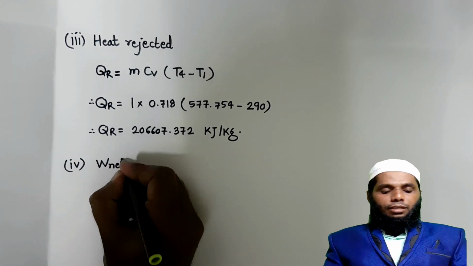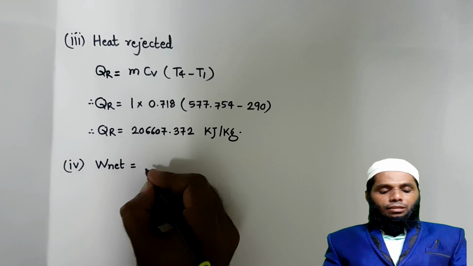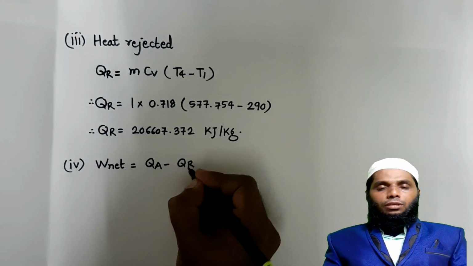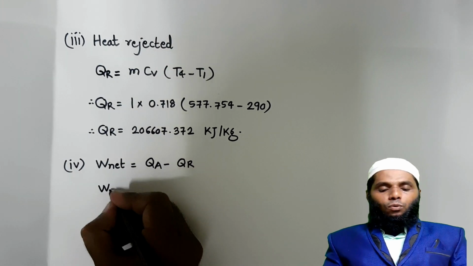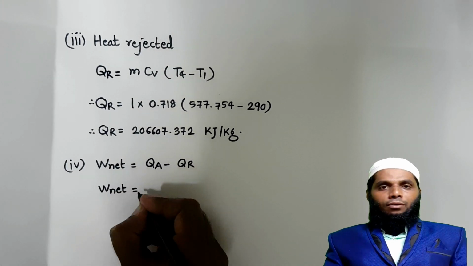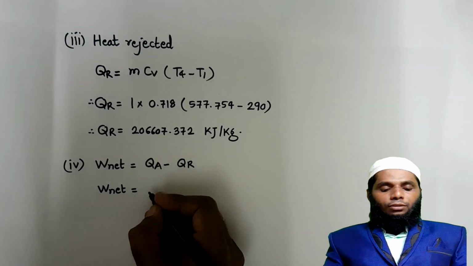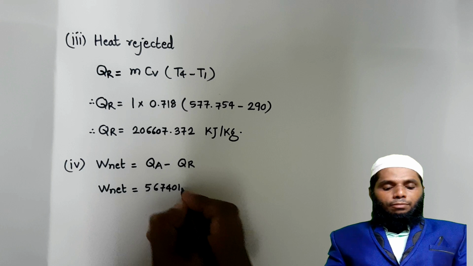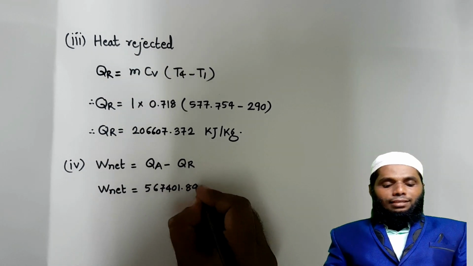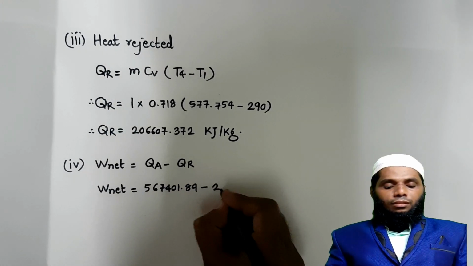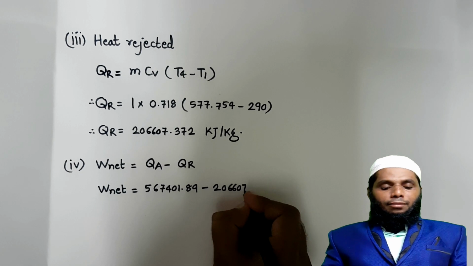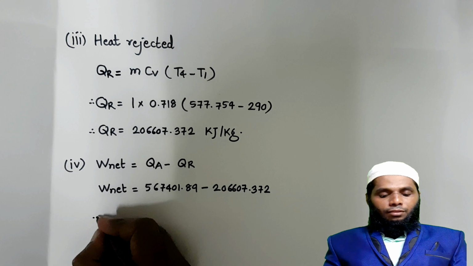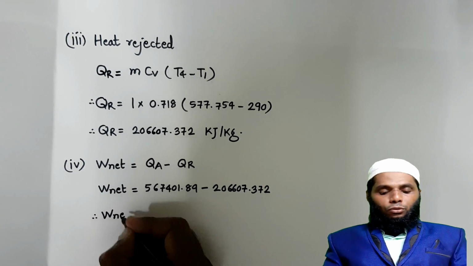Next, after calculating this heat rejected, net work done by the system is equal to QA minus QR. So net work done is equal to QA value, which we will substitute here, 567,401.89 minus 206,607.372.